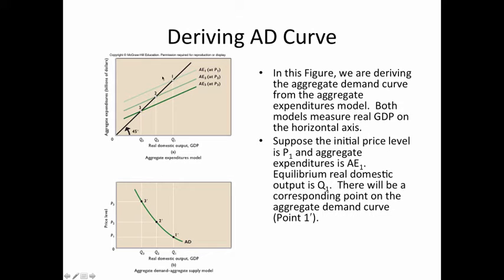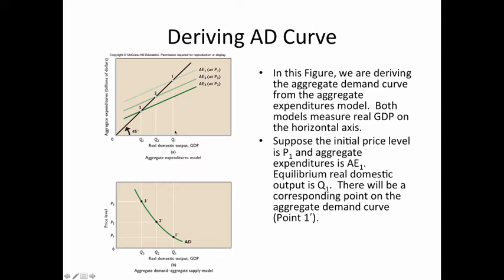As we know, there'll be an equilibrium right here, the only point where the spending line crosses the 45-degree line, so spending is equal to real GDP at that point. We bring it down, and right now in our economy, when the price level is P1 and we're spending AE1, real GDP production is Q1.